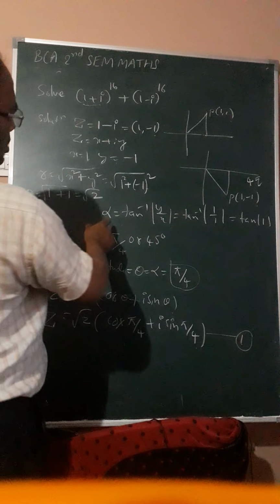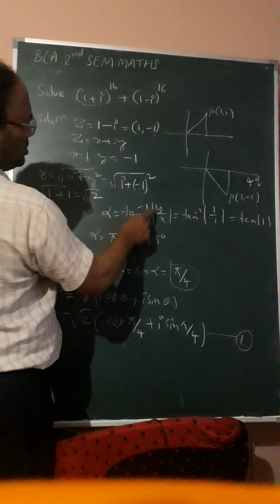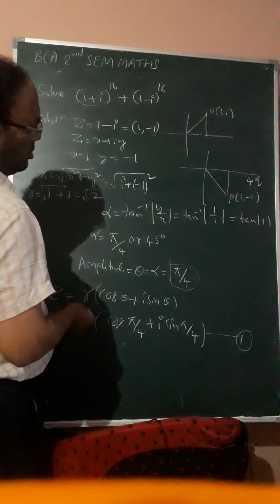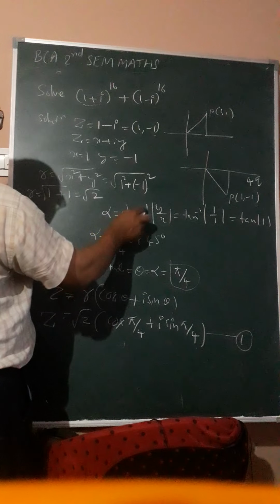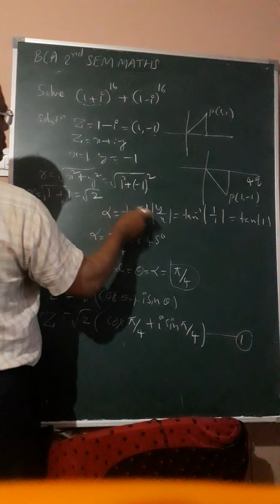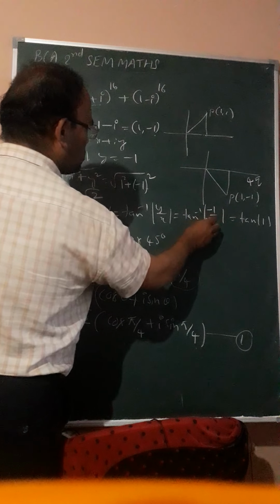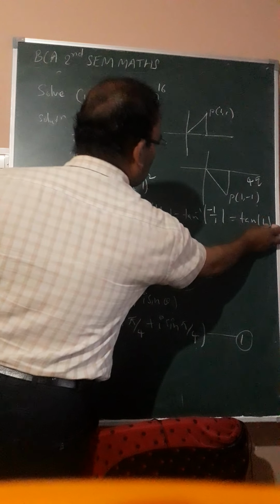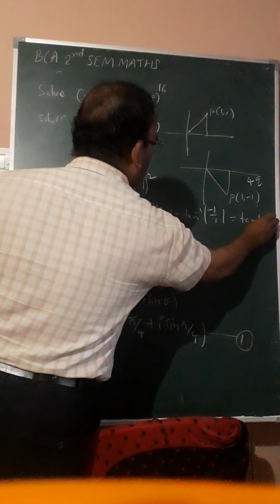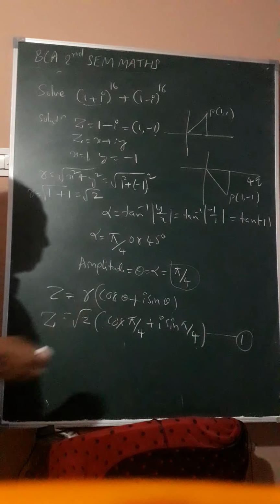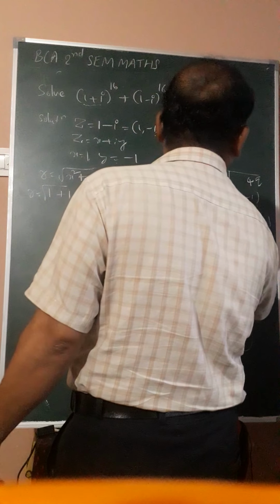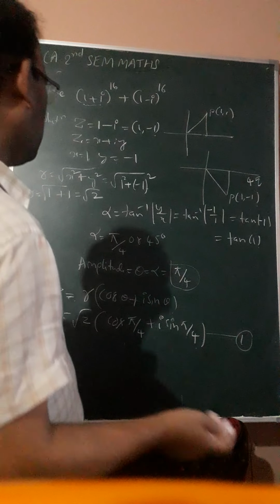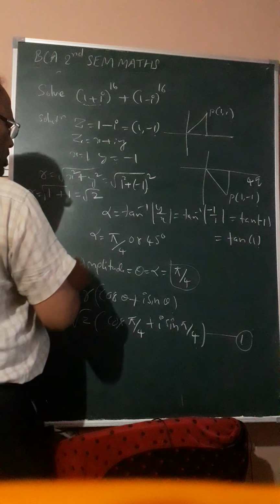Here, what is alpha? Alpha is the amplitude, tan inverse of y by x. The y value is minus 1, so minus 1 by 1 is equal to minus 1. The modulus of minus 1 is plus 1 only, so tan inverse of positive 1 is 45 degrees.